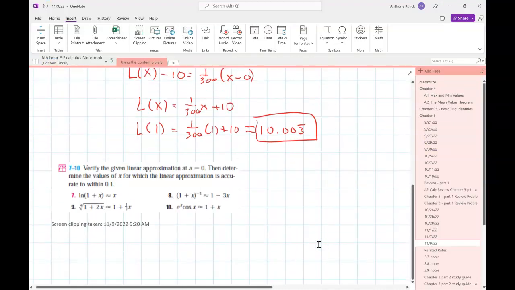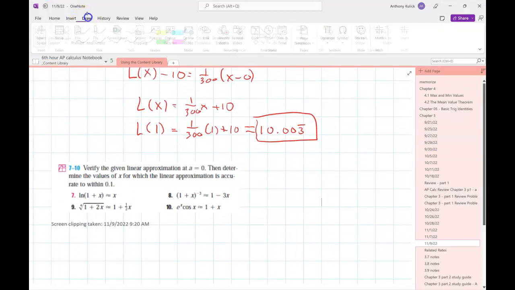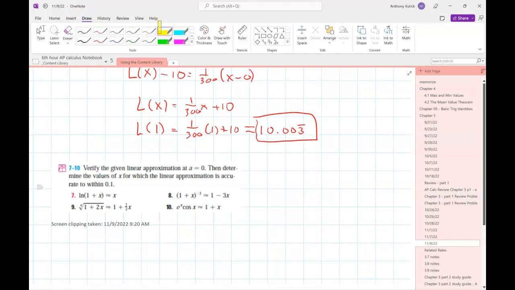All right. So this has like 2 parts to it. It says first, verify the given linear approximation at a equals 0. Okay. So if I look at 7, there's my linear approximation, and this is like my f of x.